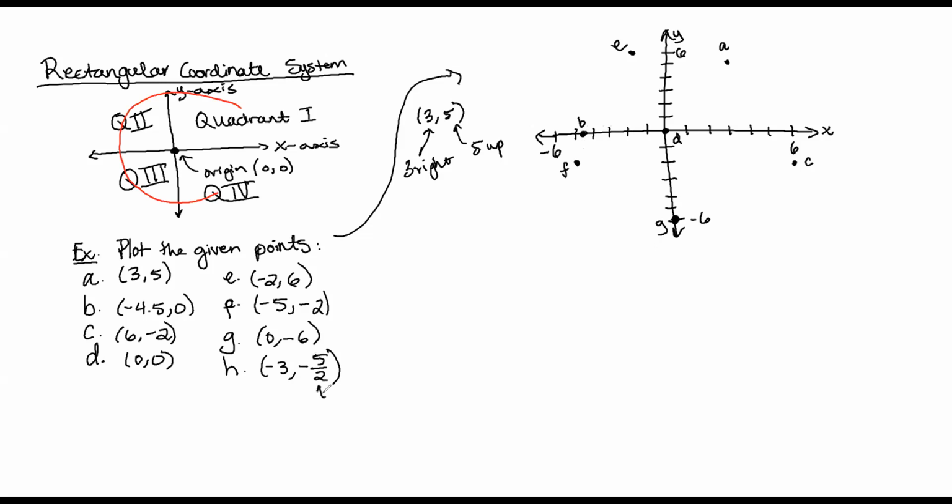That one's not as easy to tell where it is, so I'm going to change it to negative 2 1/2. So we're going to go left 3, down 2.5. So left 1, 2, 3, down 1, 2, and roughly 1/2. So this is H.